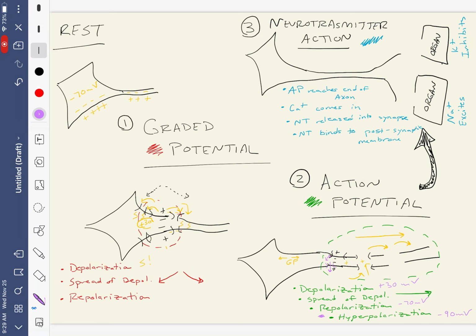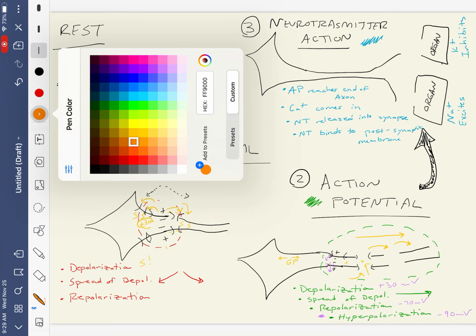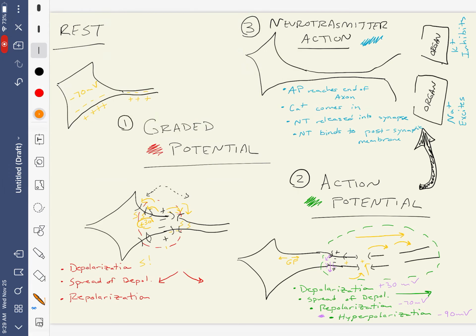All right, so we've talked about how it starts at rest, and then we've talked about a graded potential, and if that graded potential reaches a certain threshold, we will unleash a full-blown action potential. And then we end this story by talking about what happens when that action potential reaches the end of the axon.